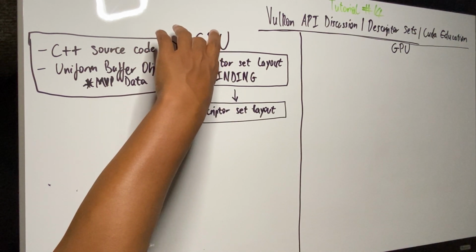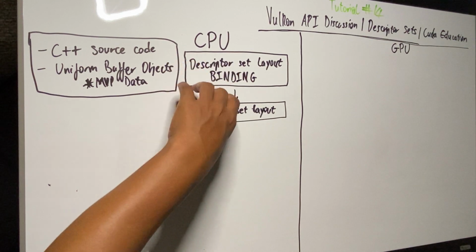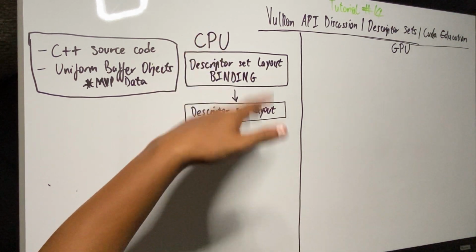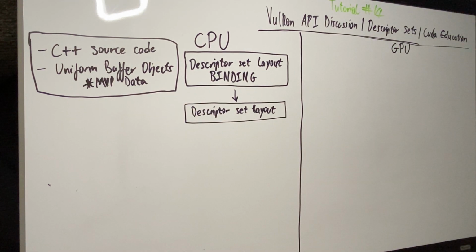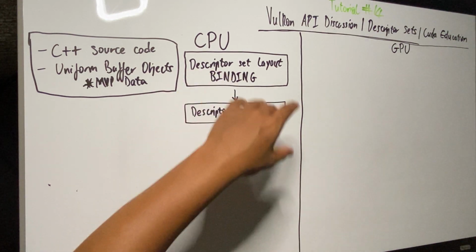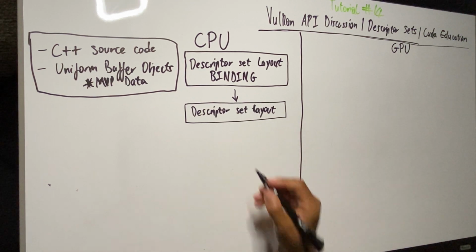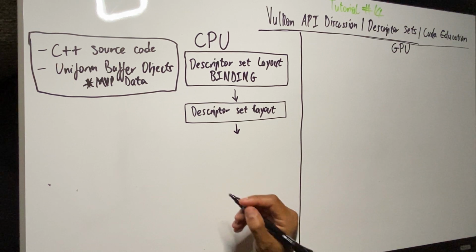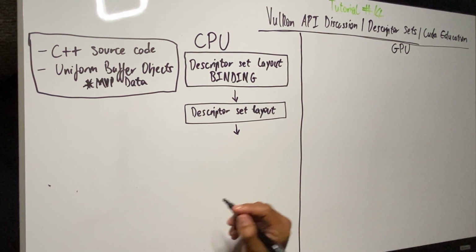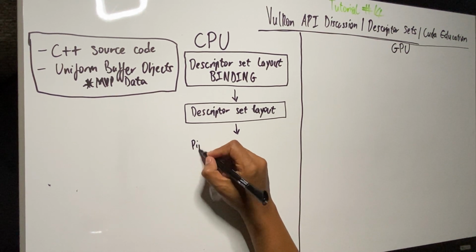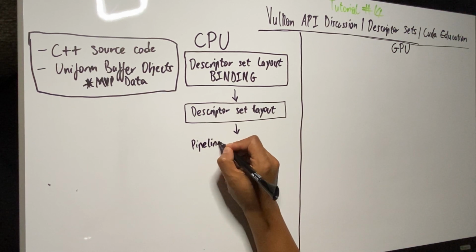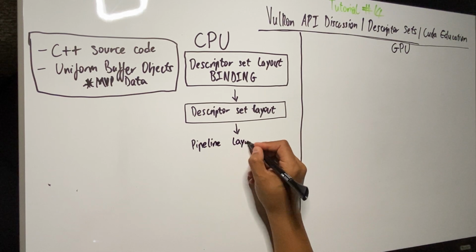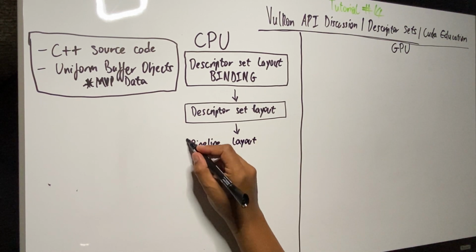So we have the closest thing to our data, the descriptor set layout binding. Then we have our descriptor set layout, which is just the layout. Now we have a little extra stage here that I'm going to outline, that I didn't really discuss in the previous picture, but it is still very important.